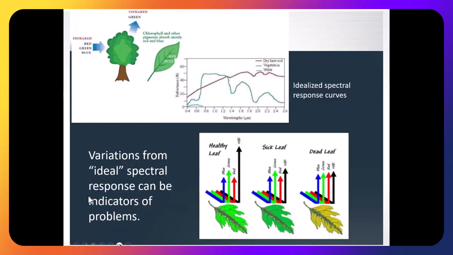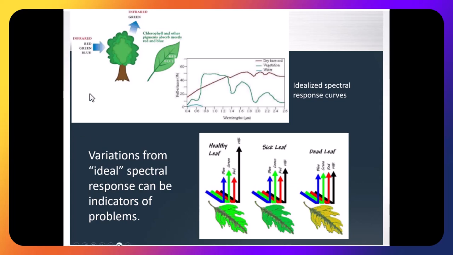Now, as I said, that's assuming that the chlorophyll is actively photosynthesizing, that there's an abundant chlorophyll pigment in the vegetation that's absorbing blue and red and reflecting green light and reflecting also in the very near infrared.